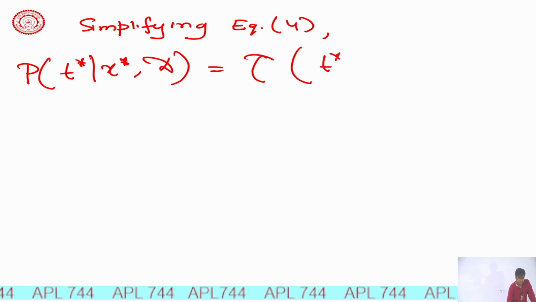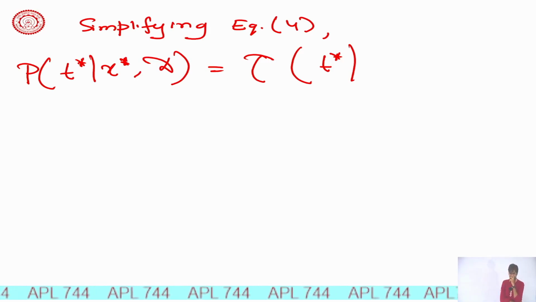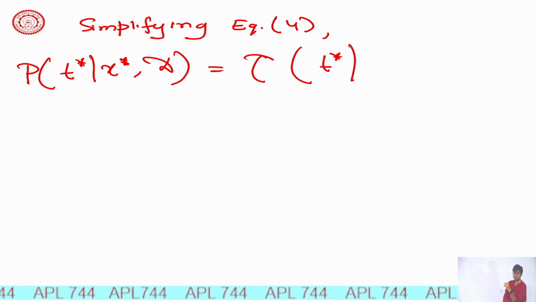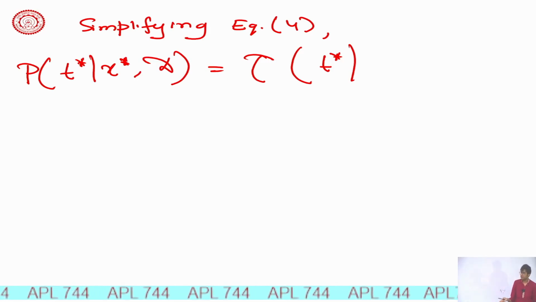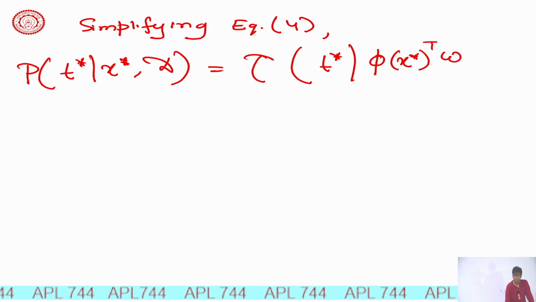Now tell me what is the first term. I have given you the formula, just put it. Is it phi x star transpose W or W transpose phi x star? So phi x star transpose W.